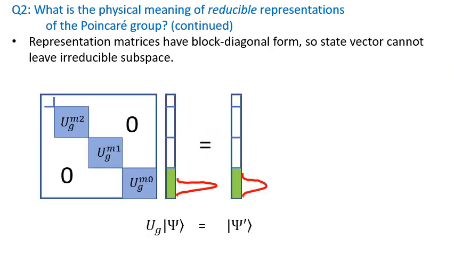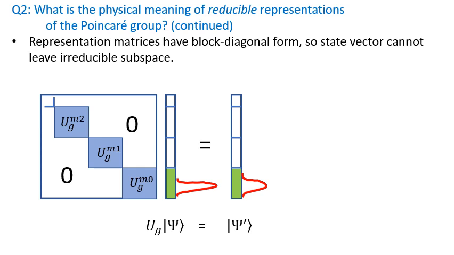The same ideas can be expressed in the language of linear algebra. If representation is reducible, then there exists a Hilbert space basis in which representation matrices for all group elements have the same block diagonal form shown here.